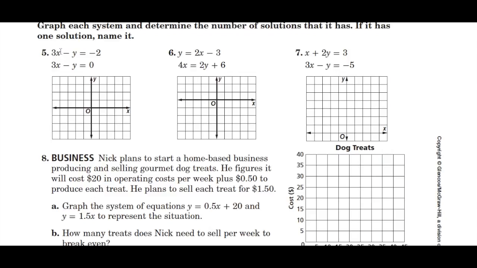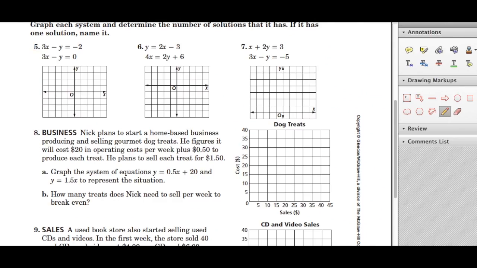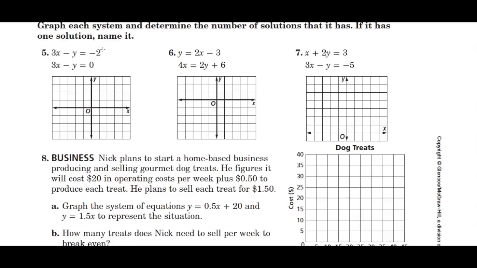So depending on what you want to do, you can substitute in 0 for x and 0 for y and find the x and y intercepts, or you could subtract 3x from both sides and get both of the equations in slope-intercept form. So if I subtract 3x from both sides, I get negative y equals negative 3x minus 2.